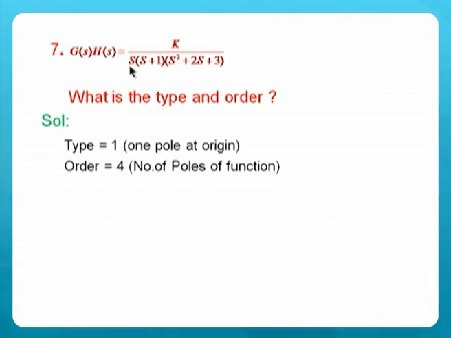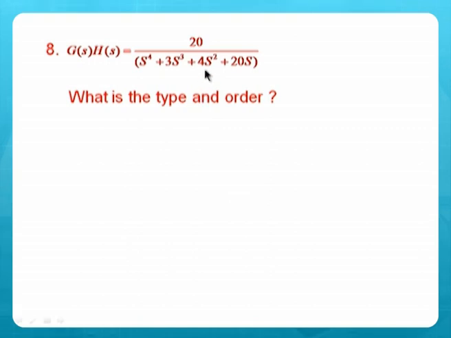Number of poles at origin indicates type number. Number of poles of the whole function indicates the order of the system. You can just look at the given problem. Here also you are asked to find out the type and order. As if it looks 4th order, but for type number, it looks like there is no pole at origin, but it is not so.